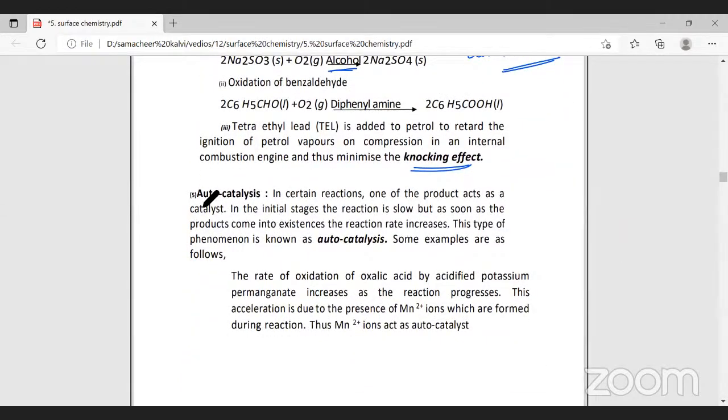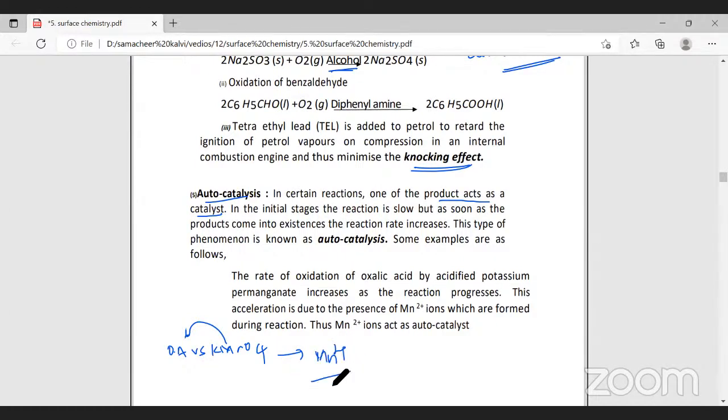The next is autocatalysis. In a certain reaction, one of the products itself acts as a catalyst. Those kinds of reactions are called autocatalysis. Now, you will have done a titration of potassium permanganate versus oxalic acid. During the course of the titration, what happens when you titrate potassium permanganate into oxalic acid?